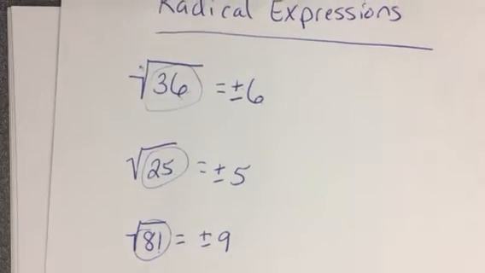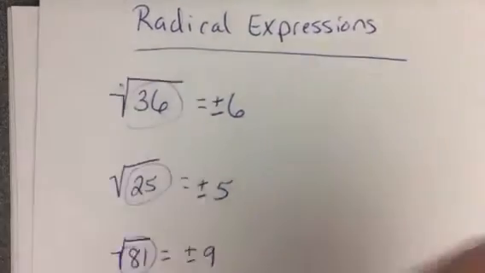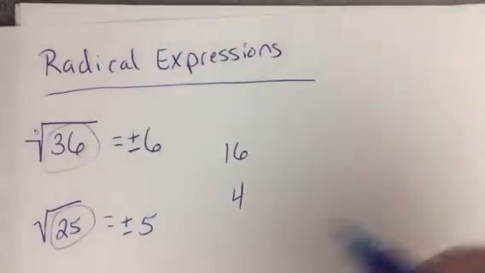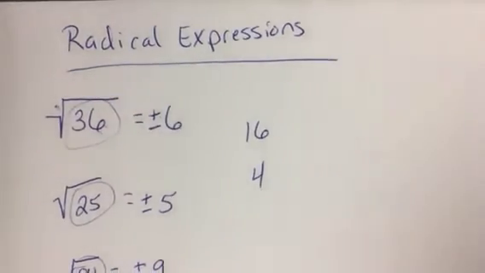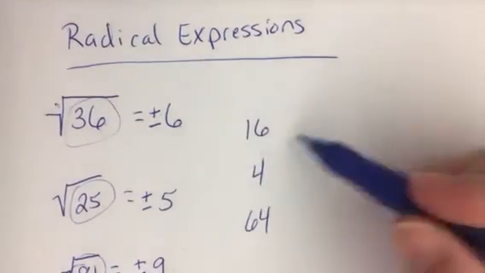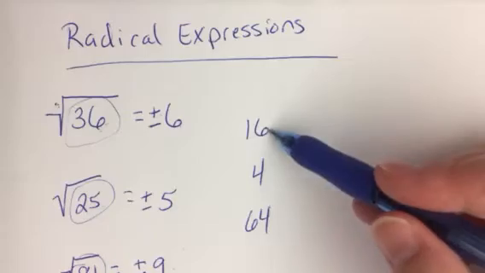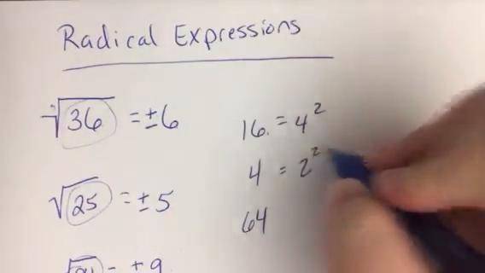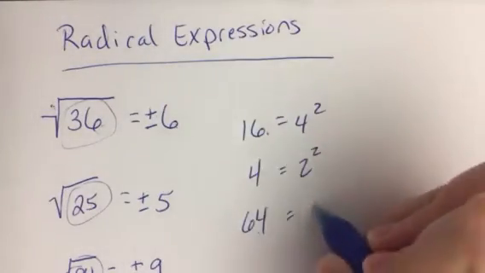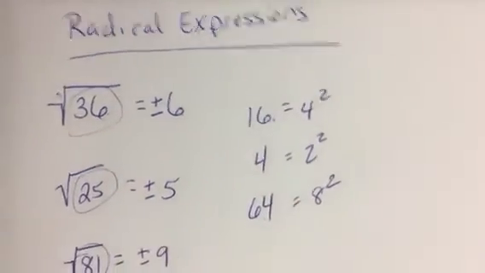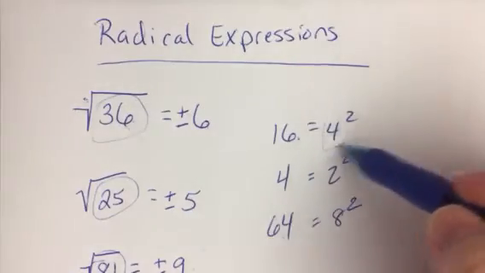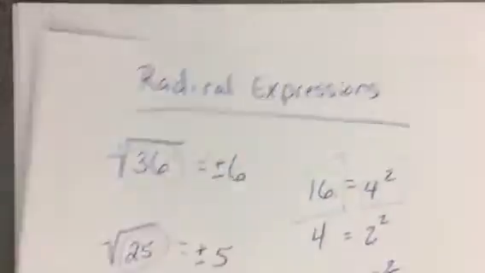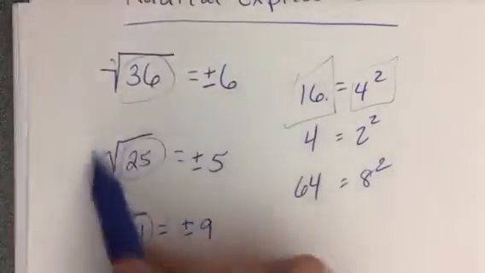Some other perfect squares would be 16, 4, and 64. 16 is 4 squared, 4 is 2 squared, 64 is 8 squared, etc. Anything that is perfectly squared is considered a perfect square, and those are the ones that square root beautifully, and they're so easy.